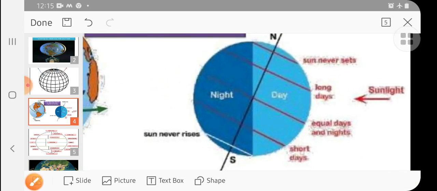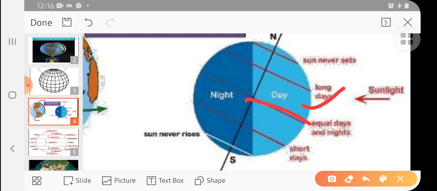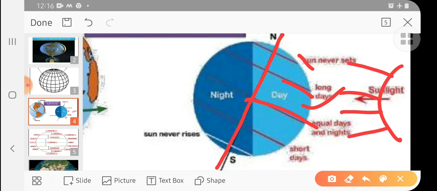After that, where the sun rays are falling vertically, the days are longer, and equal days are there on the equator. This is the equator, this is the Tropic of Cancer, and the sun never sets, like in the northern pole of the earth, the sun never sets at this time. Why? Because it is inclined towards the sun. And when this portion, that is the south pole, is away from the sun, the night is experienced in the polar region.